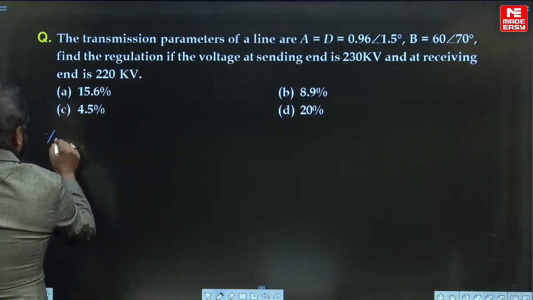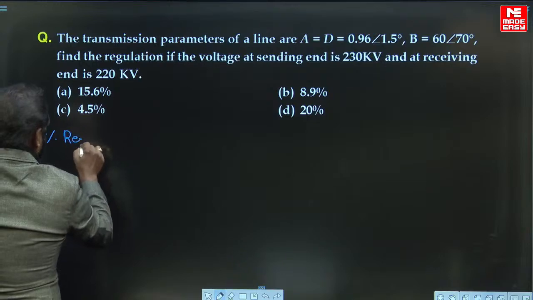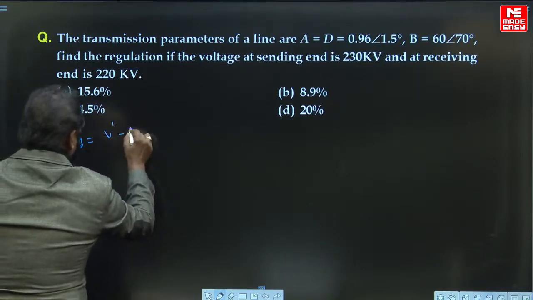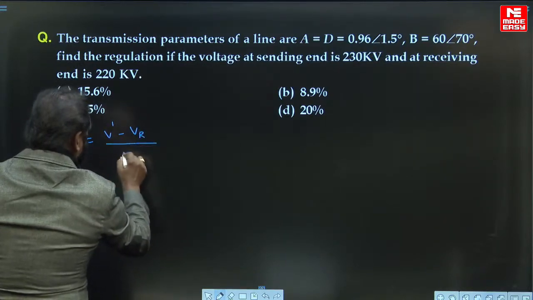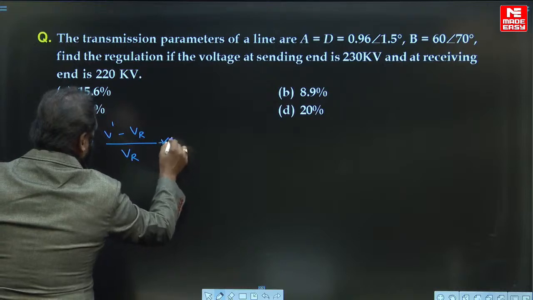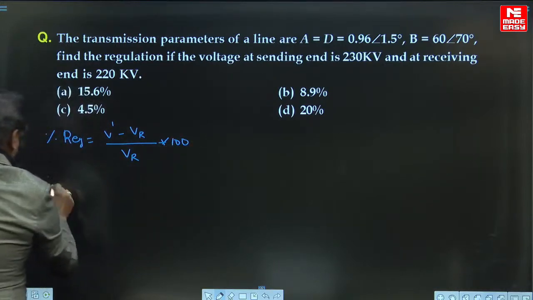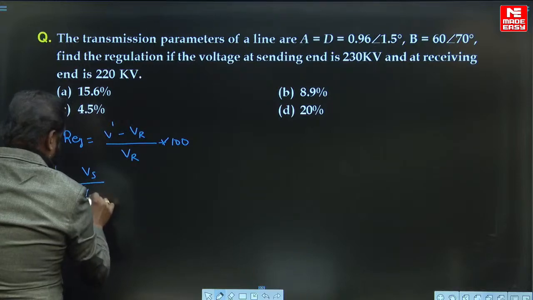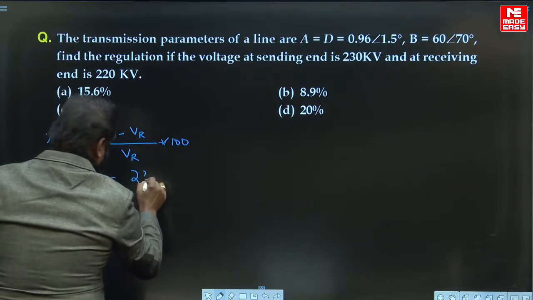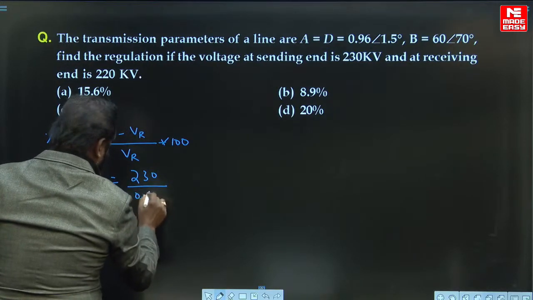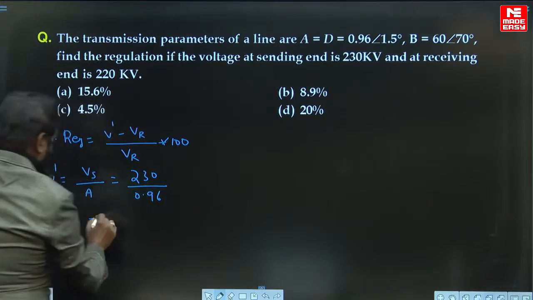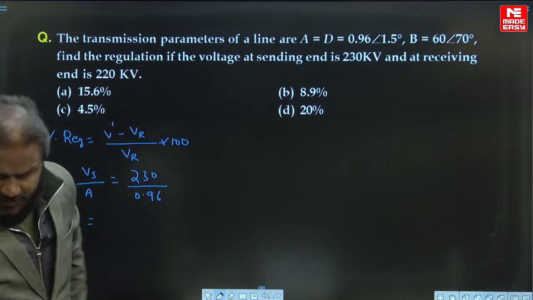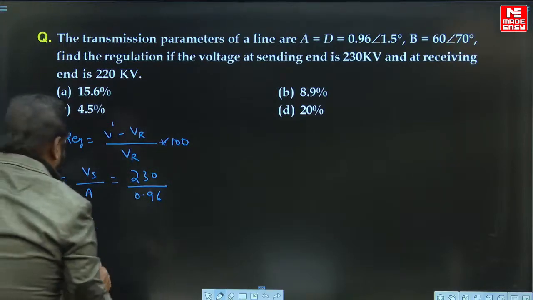We know that percentage regulation is equal to (V' minus VR) divided by VR into 100. So V' is equal to Vs by A, that is 230 divided by A, which is 0.96. How much is it? This equals 239.58.